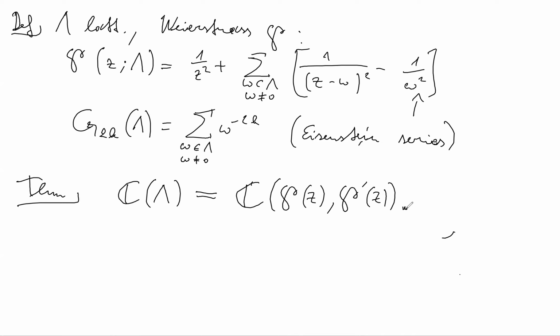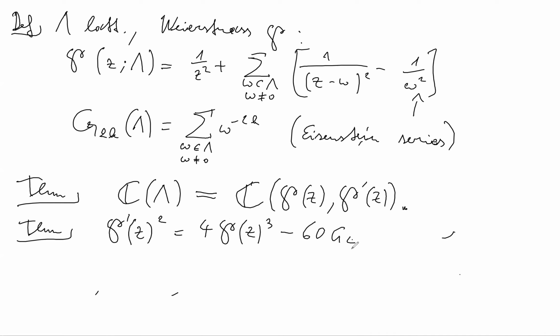A nice thing that you might find by studying this Weierstrass P function is the following equation. If you square its derivative, this is going to be the same as 4 times P of z cubed minus 60 times g4 of lambda times P of z minus 140 times g6.